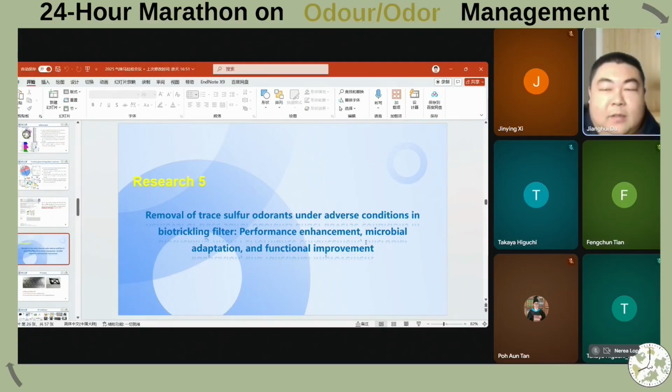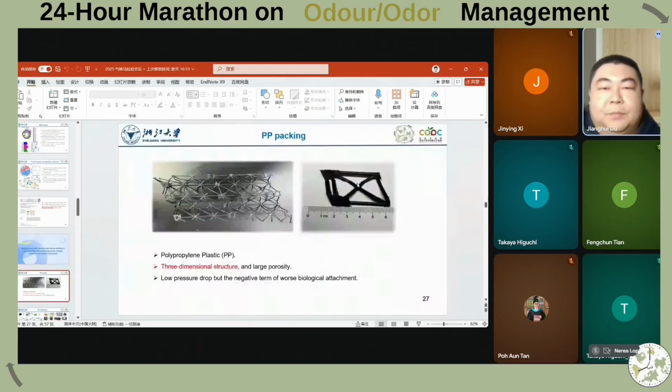Based on the last research, we found that the removal efficiency of trans sulfur odorants is not good under adverse conditions such as low temperature. So we try to find some way to improve the low removal efficiency of sulfur odorants.